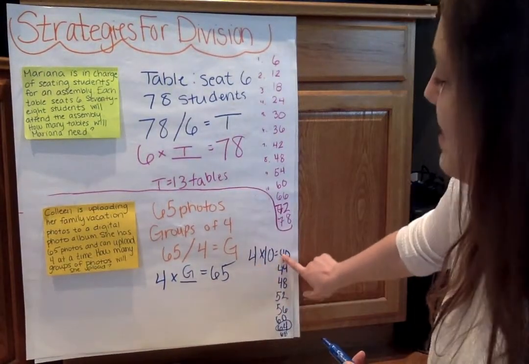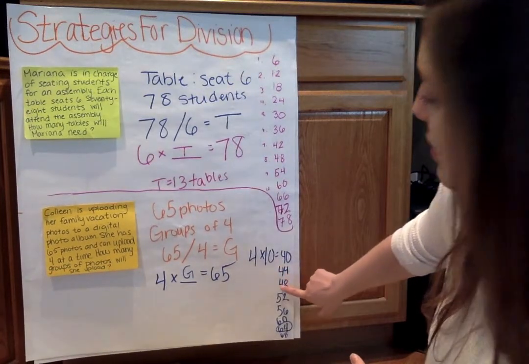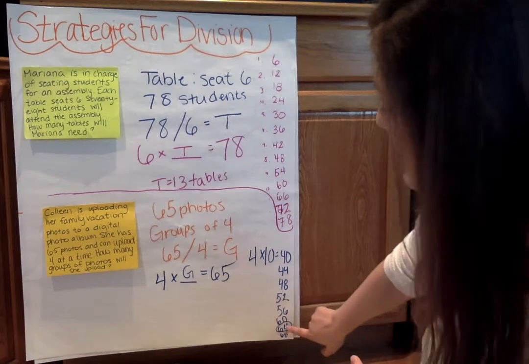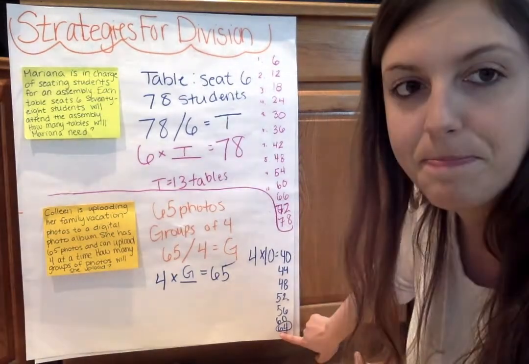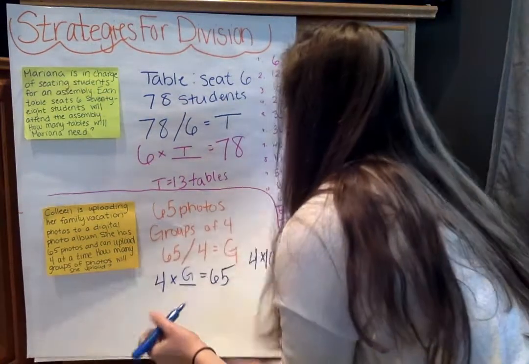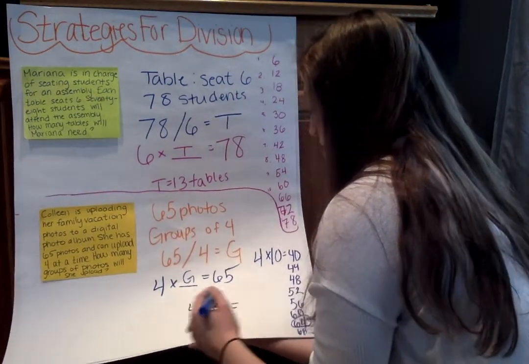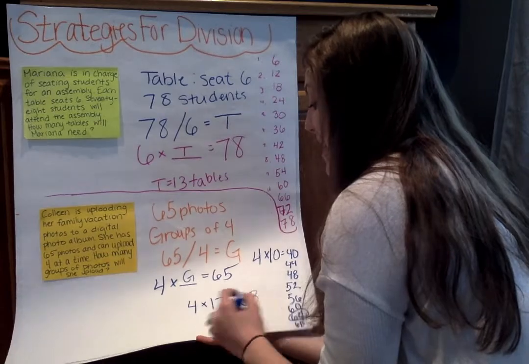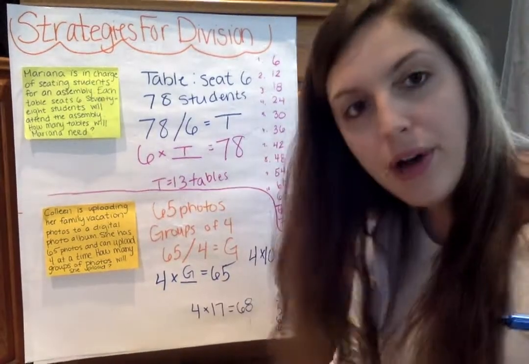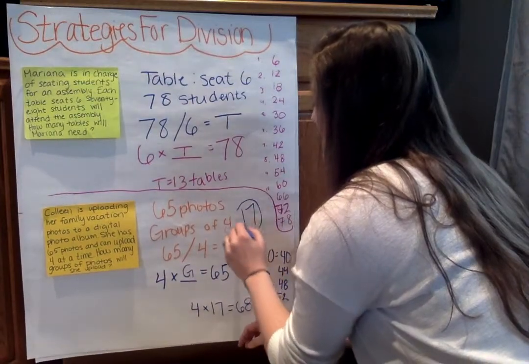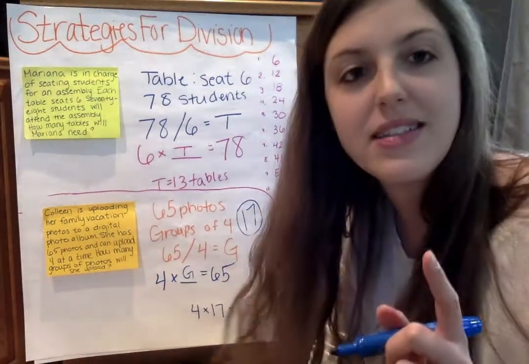If I had 4 times 10 here, 4 times 11, 4 times 12, 4 times 13, 4 times 14, 15, 16, 17. 4 times 17 equals 68, but I know that Colleen's going to need 17 groups in order to fit all of her 65.